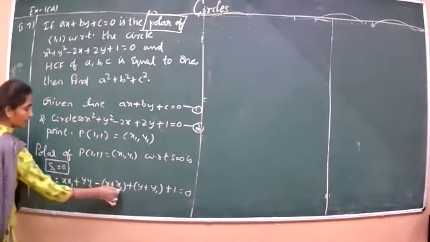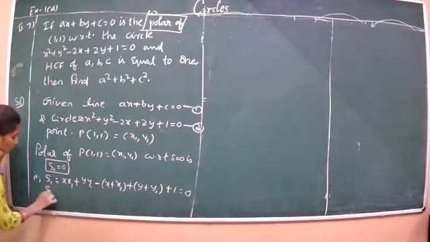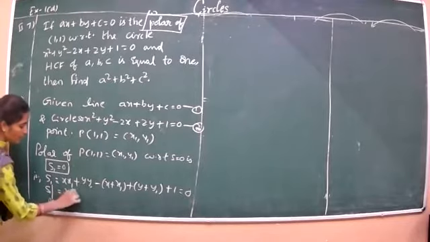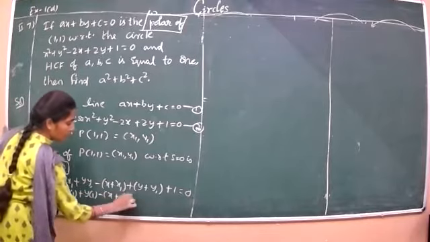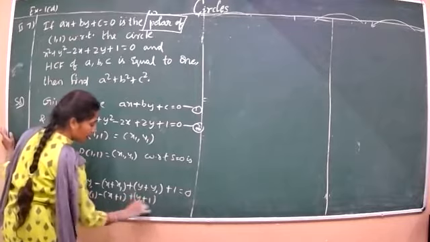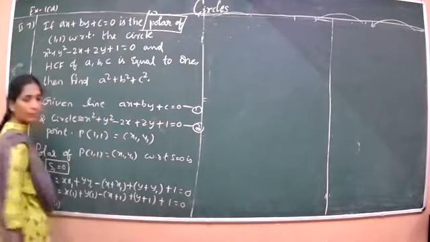What is (x1, y1)? It is the point P(1, 1). So we are finding S1 at P(1, 1), which will be x into 1 plus y into 1 minus (x plus 1 plus y plus 1) plus 1 equal to 0.